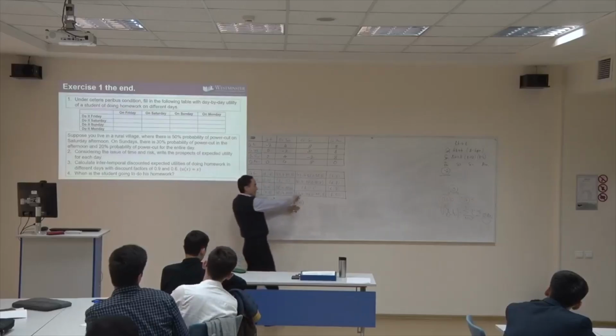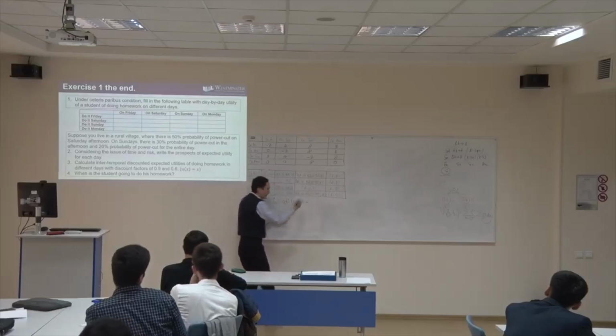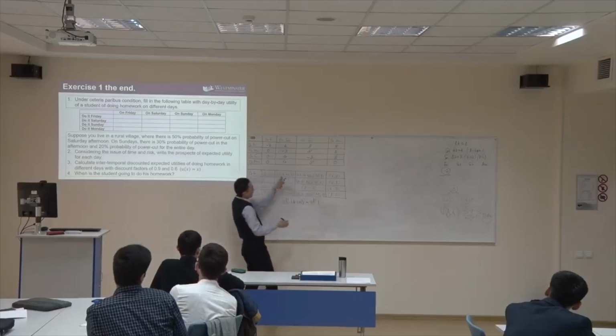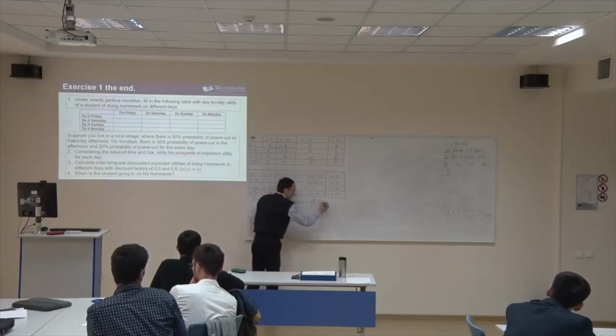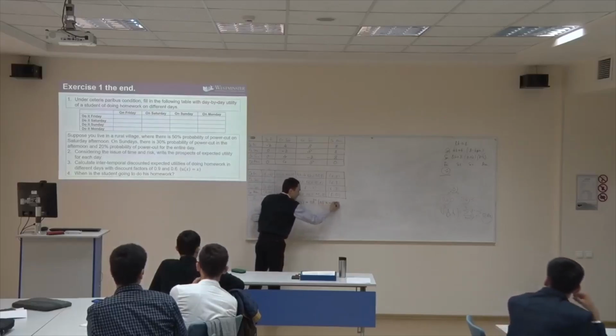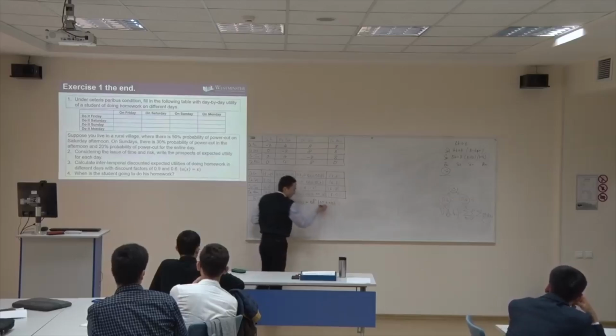But for the next day's expected utility, we are discounting exponentially. So now 0.9 to the power of 2 minus 1 times a 50% probability of playing computer games, and a 50% probability of not playing. So times 4 plus 0.5 times 0.